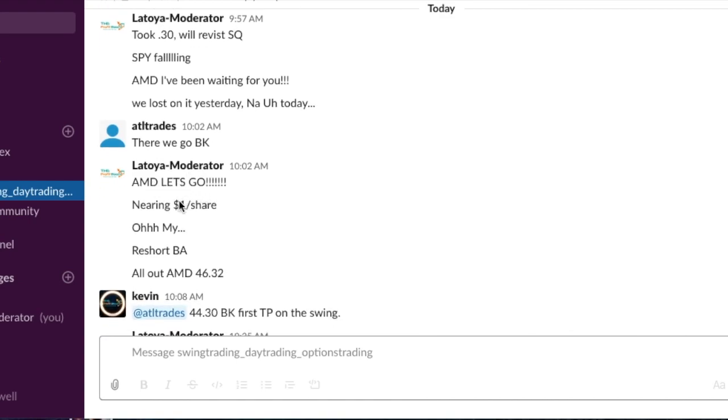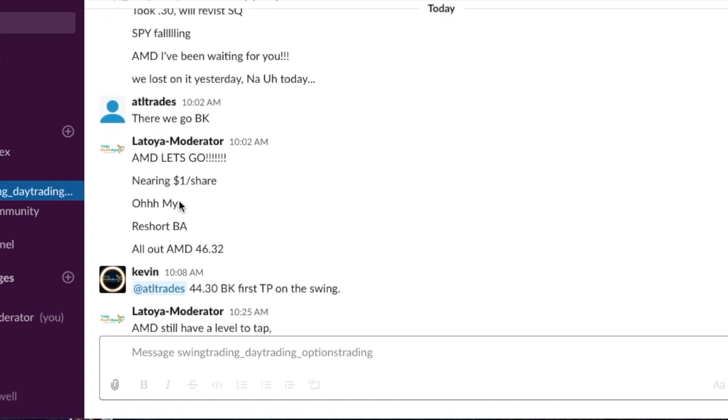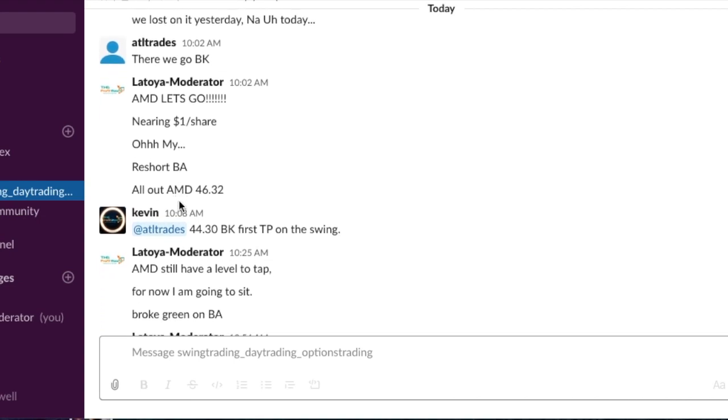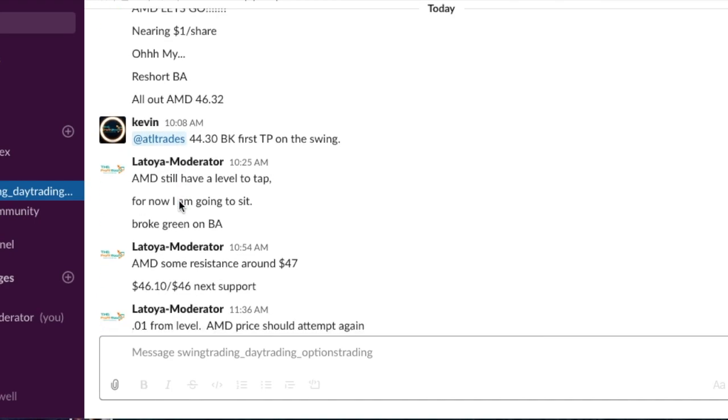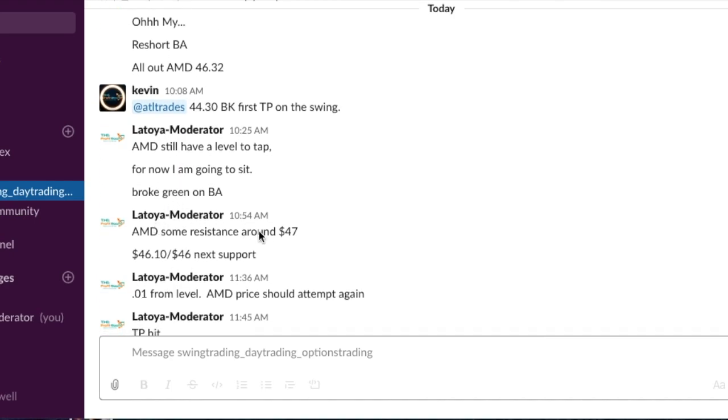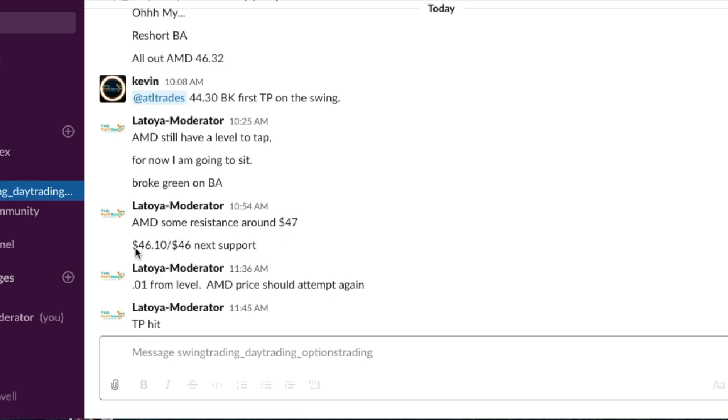AMD nearing that dollar per share. We love when the stock hit over a point. That's huge money or movement for a day trader. And then spotting some resistance developing around 47 and giving the exact targeted level, next level support to our members.